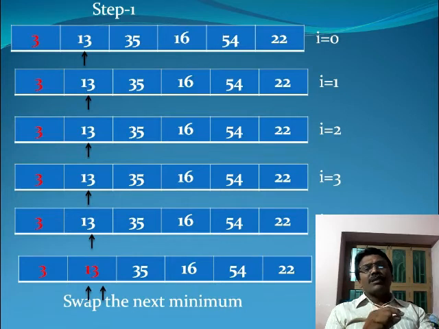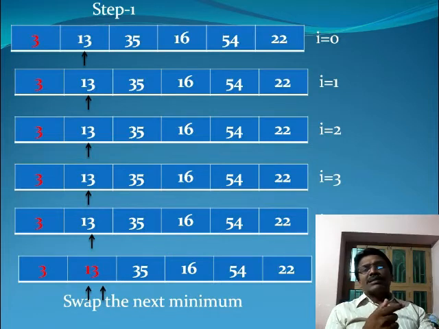The minimum value 13 stays. Next iteration, i is 3. a of 3 is 54. In this case also 13 is the minimum value. Next iteration, i of 4. a of 4 is 22. In this case also 13 is the minimum.